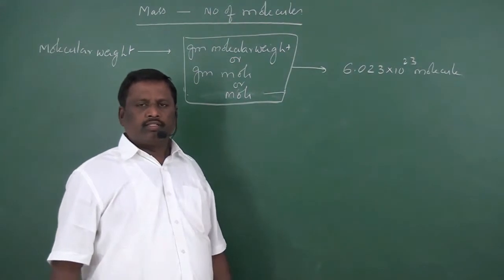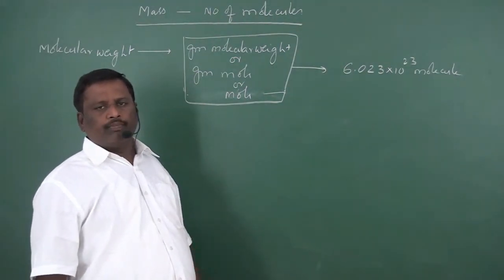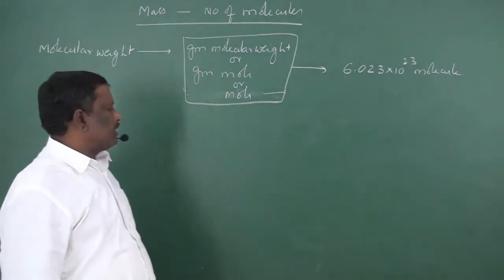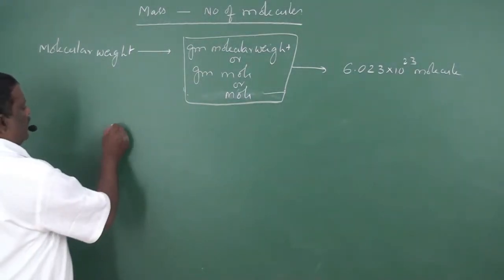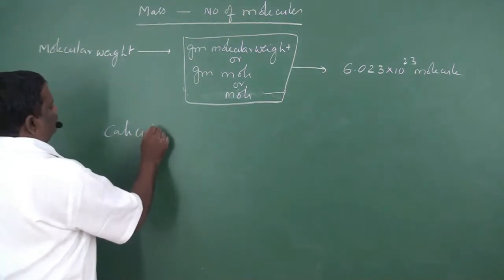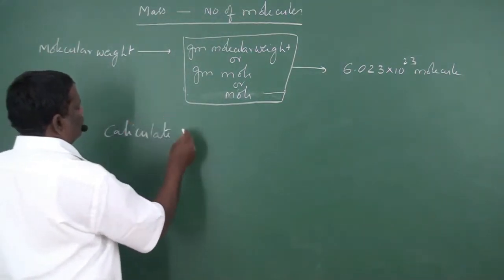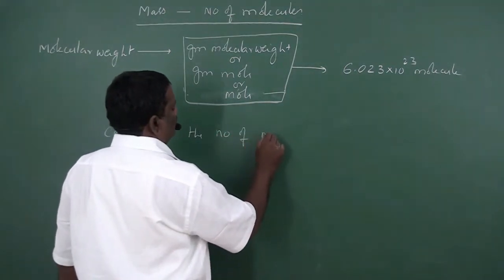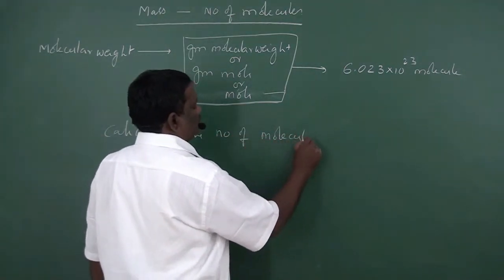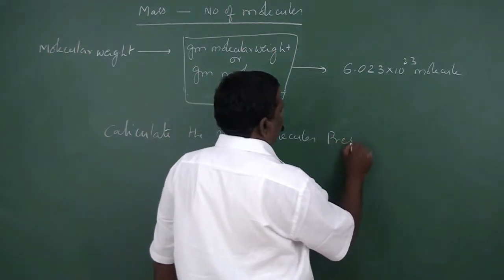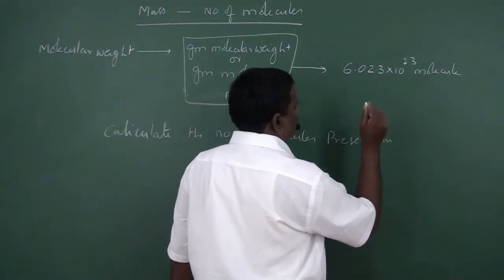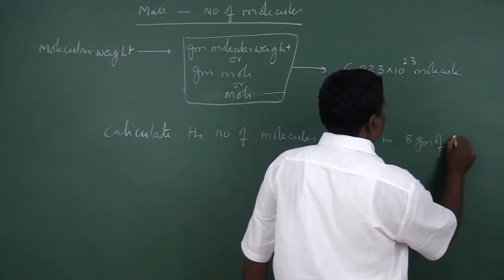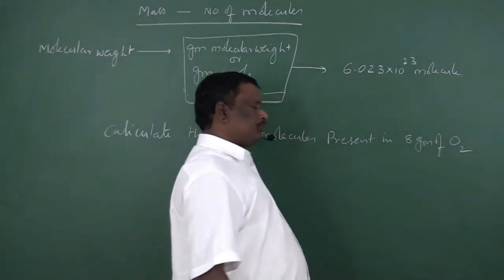Now we are going to discuss the relationship between number of molecules and mass of the substance. Calculate the number of molecules present in 8 grams of oxygen.